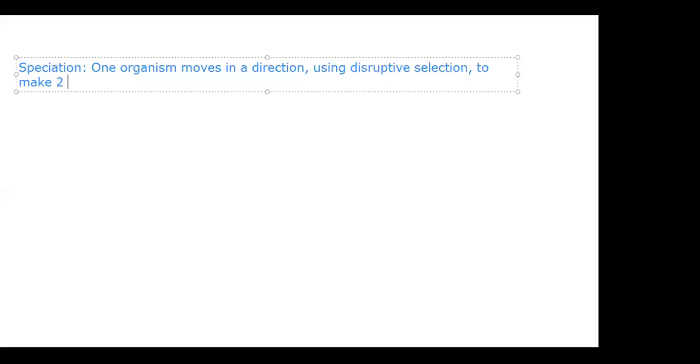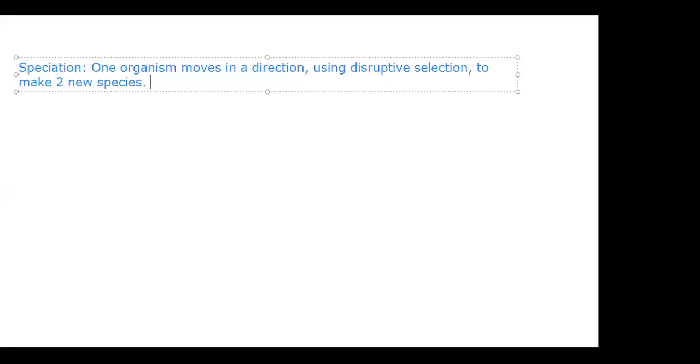One organism moves in a direction, usually using disruptive selection, to make two new species.